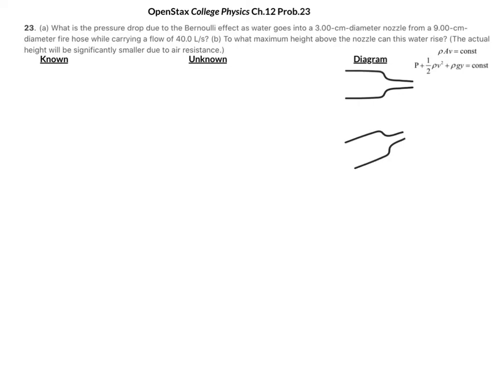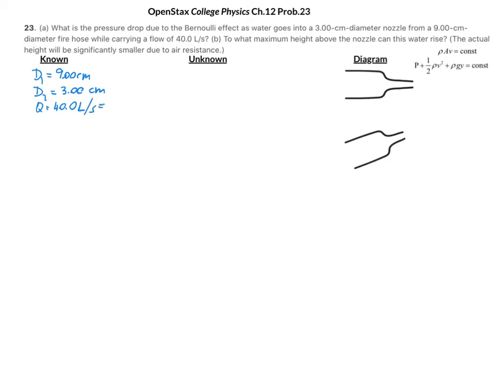Alright, so let's write down our knowns and unknowns. We're told that a fire hose has a diameter, I'm going to call it D1, of 9 centimeters, and the nozzle that the water comes out of has a diameter of 3 centimeters, and the volume flow rate Q is 40 liters per second.